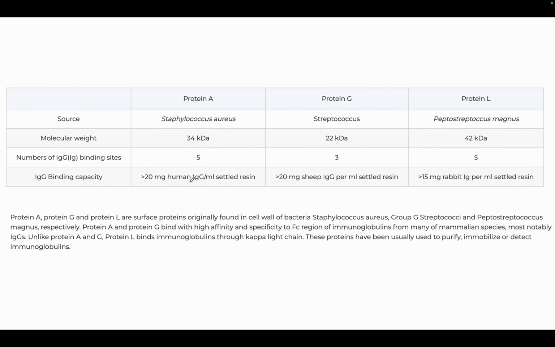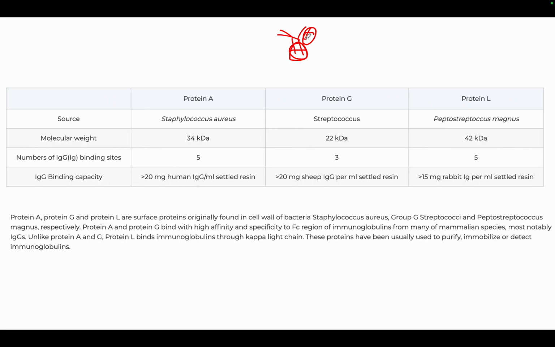Protein A has 5 binding sites, protein G has 3, protein L has 5, but protein A and G bind to the Fc region, that is, this region of the antibody, while protein L binds to this region. Depending on what kind of antibody you want to purify, you can select one of these resins.